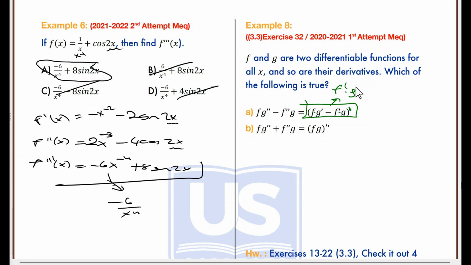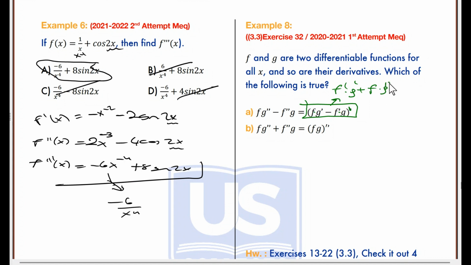It was g prime, it becomes g double prime, plus first f times derivative of second. Sorry, what did I do? Derivative of first times second. It was supposed to be g prime only. I didn't take the derivative of second. I took the derivative of first, second time, plus first times derivative of second.